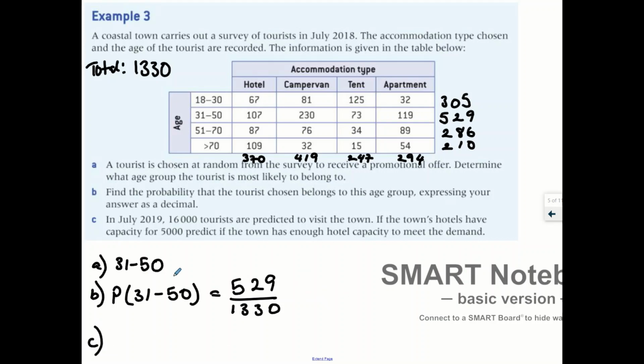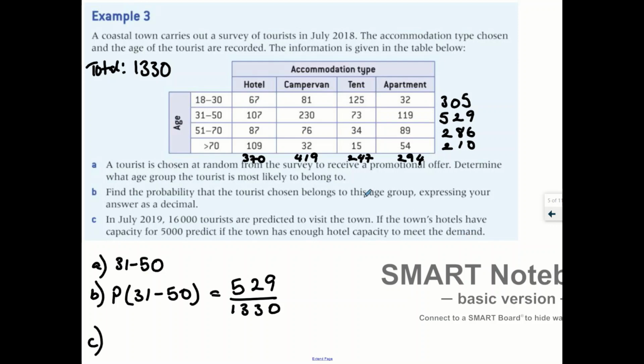And then for part C, 16,000 tourists are predicted. The town's hotels have capacity for 5,000. Predict if the town has enough hotel capacity to meet the demand.